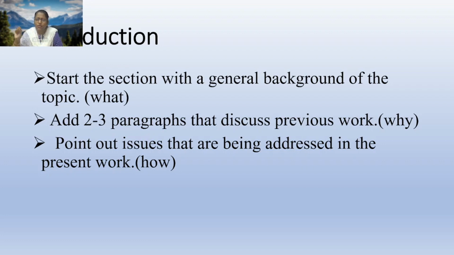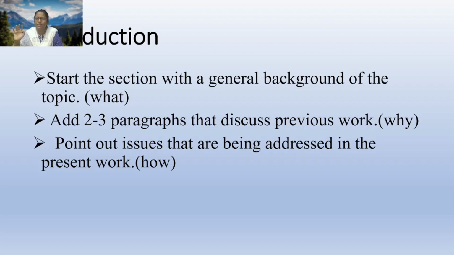Then point out the issues that are being addressed in the present work, that is, how the research article is presented in a systematic manner. That should be explained in the introduction part. Now dear students, I think you understood that the introduction part is classified into three main sections.